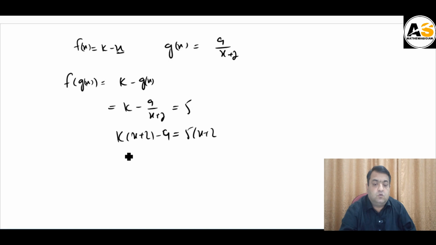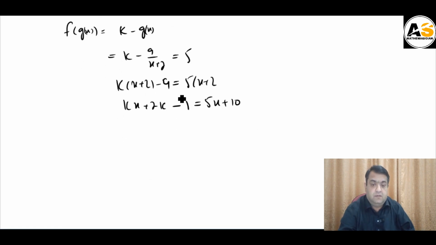Kx plus 2k minus 9 is equal to 5x plus 10. From here, we will solve. K minus 5 times x is equal to 19 minus 2k.